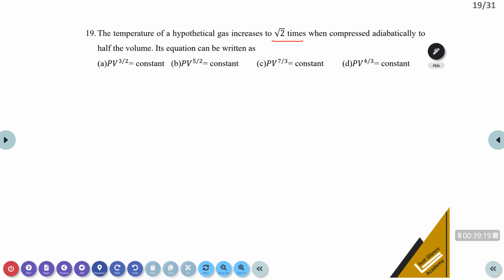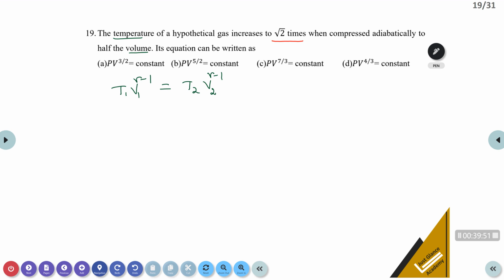Here we have to bring the relation between temperature and volume. In adiabatic, the relation is T1 V1 raised to gamma minus 1 equal to T2 V2 raised to gamma minus 1. Always remember the three equations for adiabatic: PV, TV and pressure and temperature.